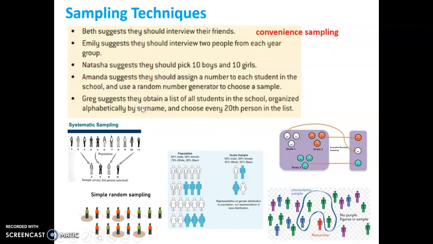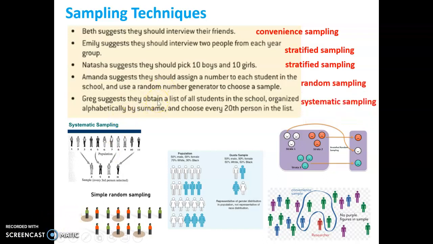All right, let's check. First one, convenience sampling. Next one, stratified. Next one is stratified again. This one here is simple random sampling, and this last one here is systematic sampling. Notice we have not seen quota sampling here at all. Okay, great.